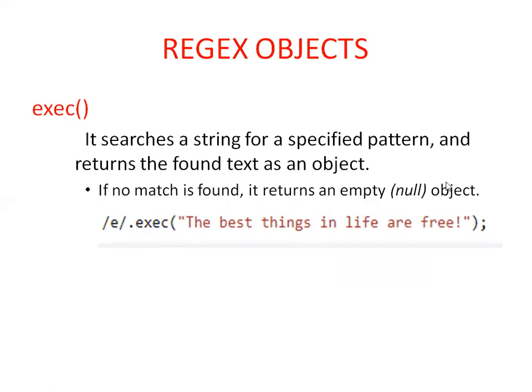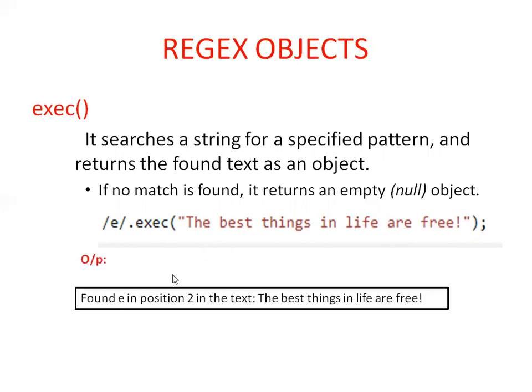So the string we are specifying here is nothing but the best things in life are free. So by executing this method, we can get the position of the pattern. So e is found at position 2 at first. Therefore the output will be that the pattern e is found at position 2 in the text, the best things in life are free.